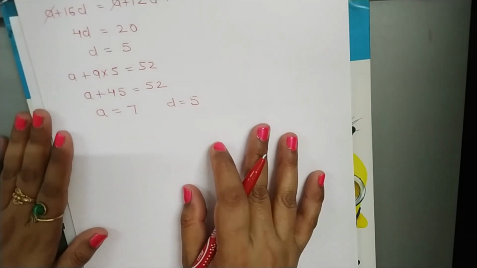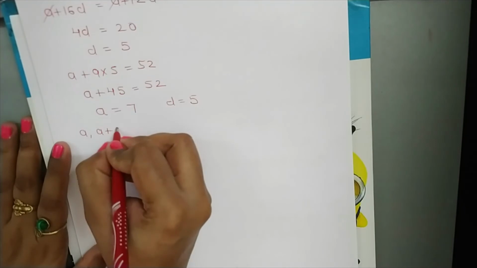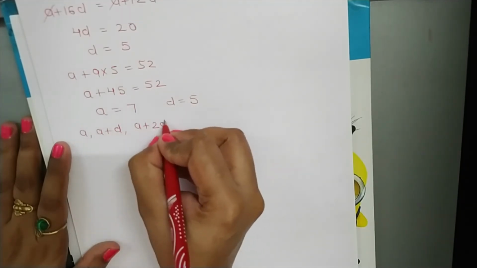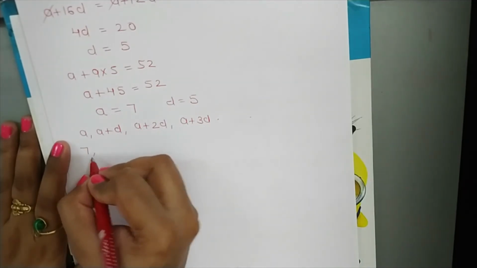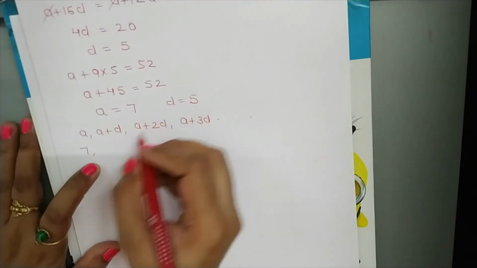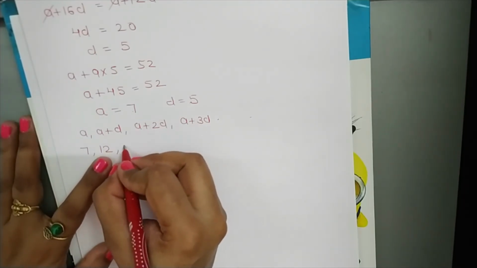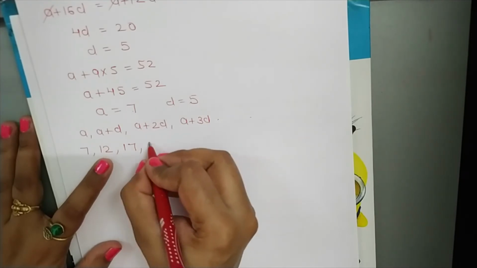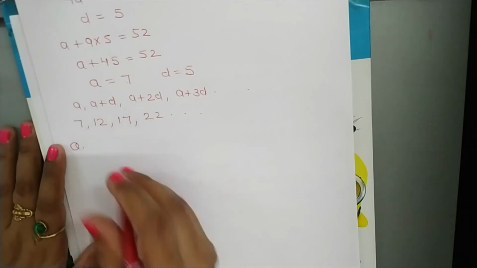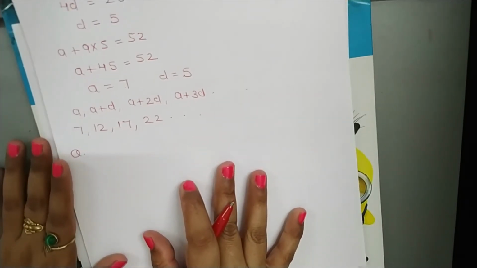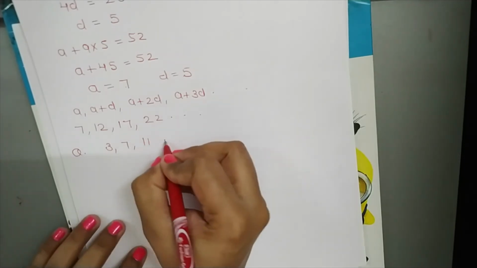The AP will be a, a plus d, a plus 2d, a plus 3d and so on. So a is 7, then the next term is 7 plus 5, 12, then 12 plus 5, 17, then 22 and so on.